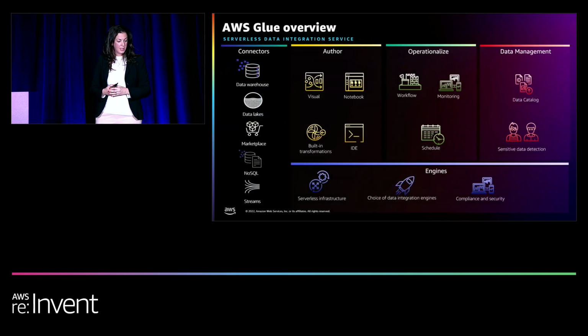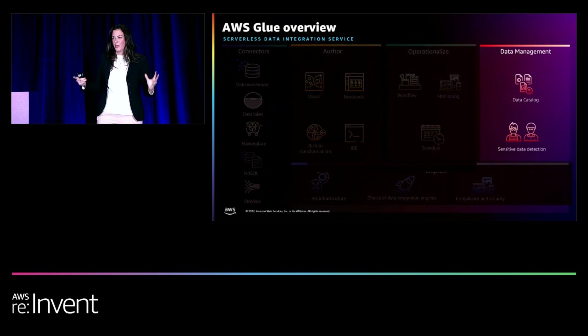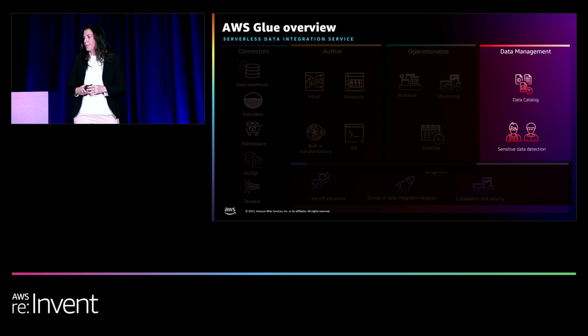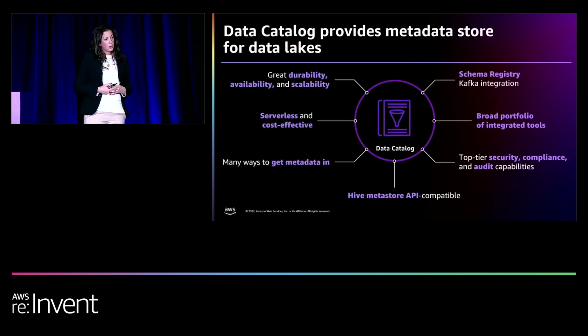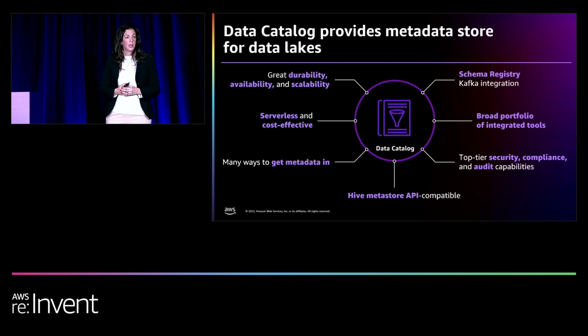And the last but not least is data management. We've done everything from the bottom up, and now is the time where we want to give you as much value as possible when it comes to your data. We have multiple capabilities here. The first one being the Data Catalog, which probably many of you are familiar with. The Data Catalog is one of the most popular metadata stores today when it comes to data lakes.